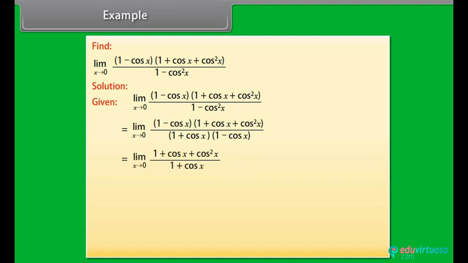This is limit x tends to 0 of (1 plus cos x plus cos square x) divided by (1 plus cos x), which gives (1 plus cos 0 plus cos square 0) divided by (1 plus cos 0). That is 1 plus 1 plus 1 divided by 1 plus 1, and we get 3 by 2.